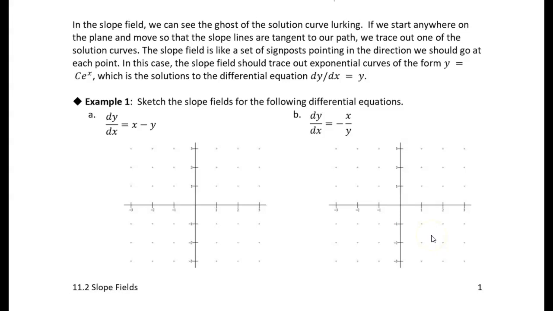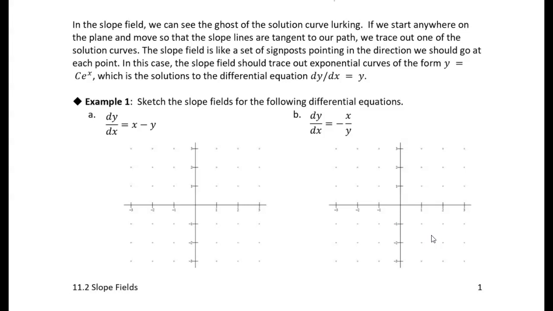just words. So let's take a look at these two differential equations, and we're asked to just sketch the slope fields for these differential equations. The first one is dy/dx is equal to x minus y. So if we know a point, we can take the difference, x minus y, and find the slope.